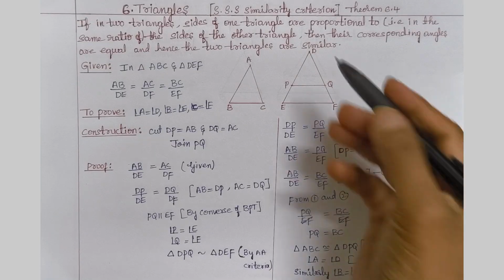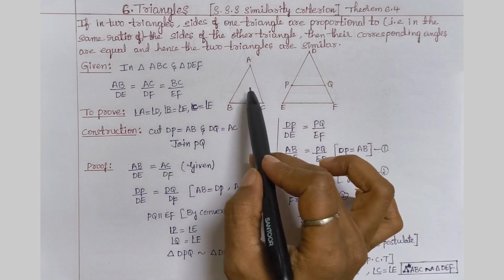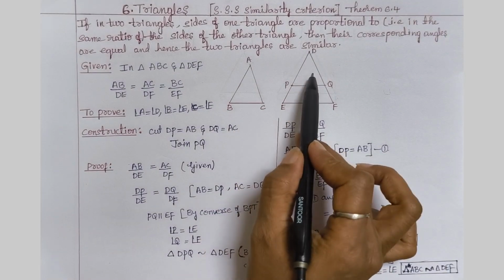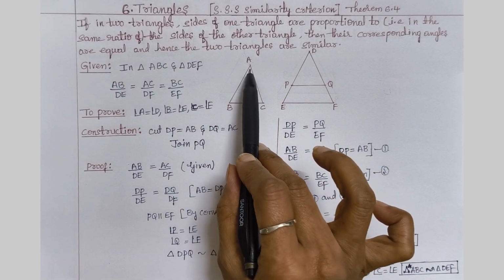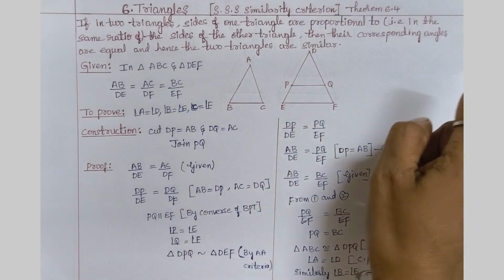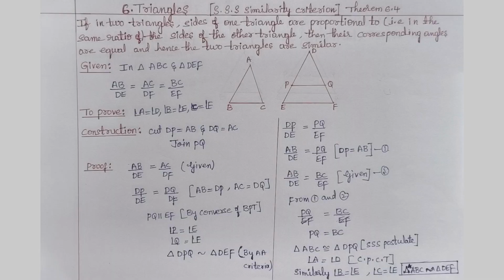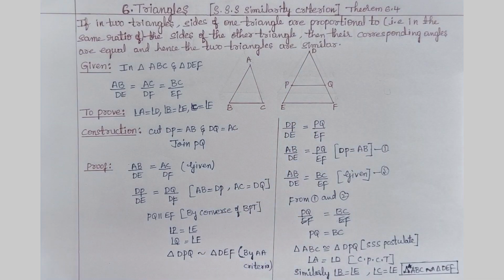Next, we will prove that triangle ABC and triangle DPQ are congruent triangles. Later, we will prove that the angles of these triangles are equal. First we will start with these two proofs.